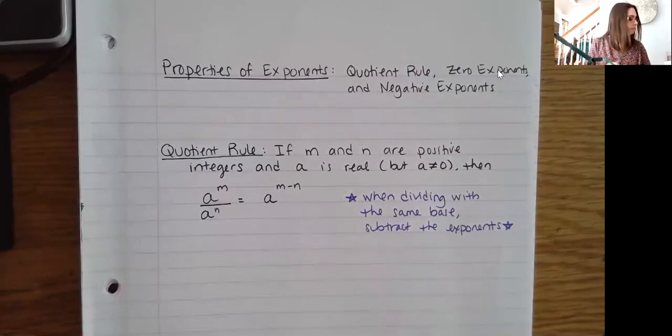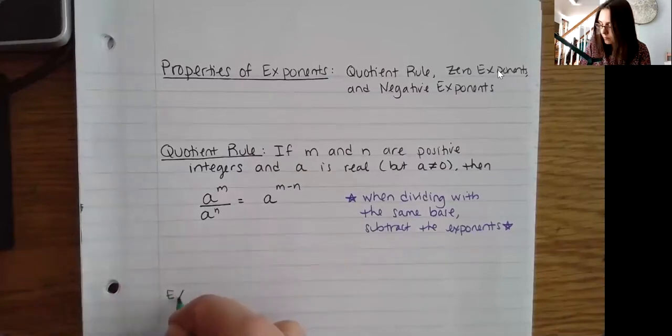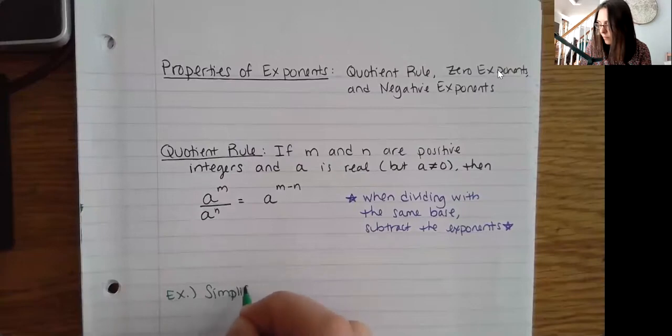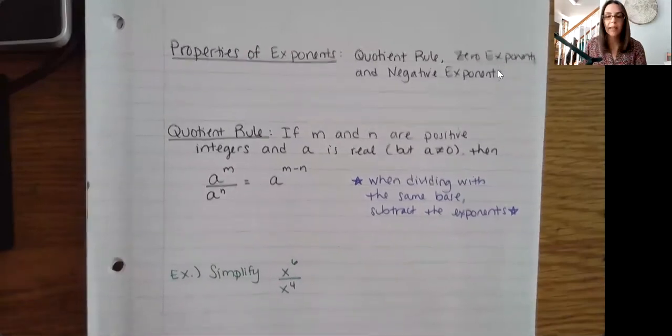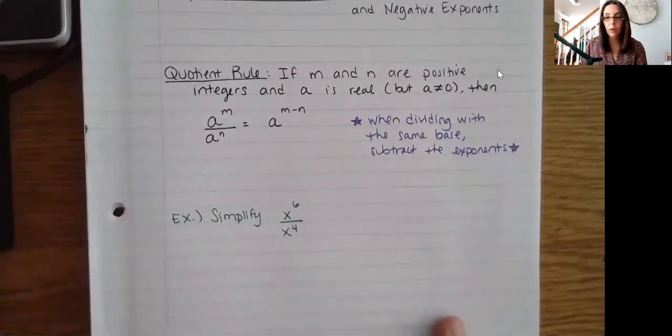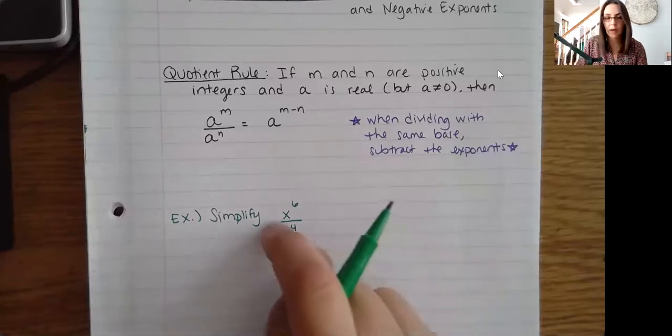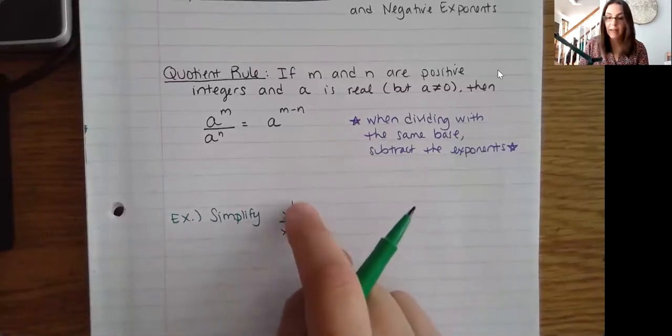Let's do 3. And all of these are going to be to simplify. So let's do something like x to the 6th over x to the 4th. Notice that you're dividing here, you have the same base, and they have exponents.